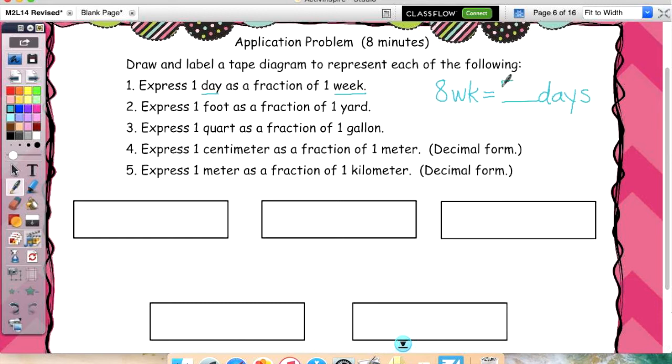And that was 56. We did that one yesterday, okay? How is this problem different? Don't write anything right now, just listen. I'm asking you to figure it out. So look at this problem and tell me what's different.